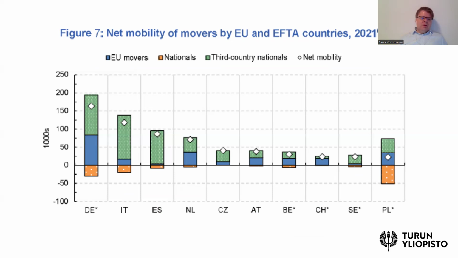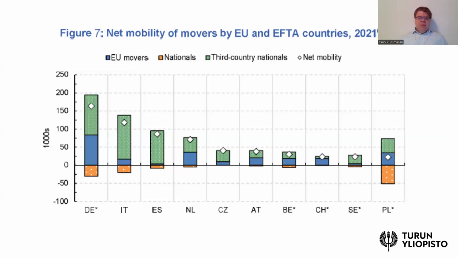The story is similar for Italy, although for Italy the third country nationals have a larger share, and especially Spain has a very large share of third country nationals. So I believe that Spain has, for example, attracted migrant workers from Latin America.